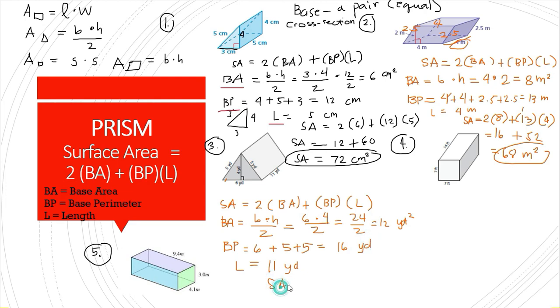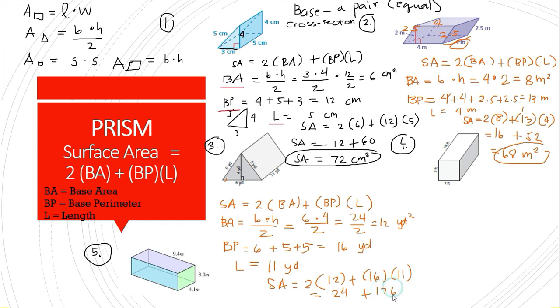So to find the surface area, therefore, it will be 2 times your base area, which is 12, plus base perimeter, which is 16, plus your length, which is 11. Right? Multiply. What is 2 times 12? This is equal to 24, plus what is 16 times 11? 16 times 11 is equal to 176.